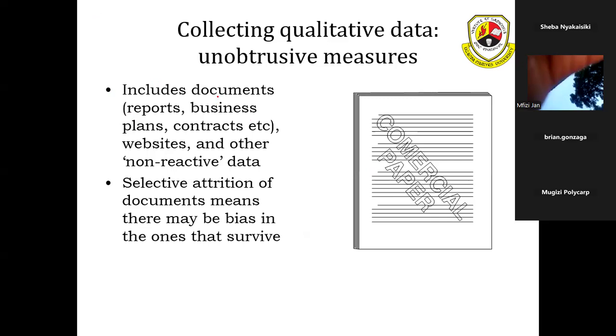Another unobtrusive measure of observation is collecting documents of an organization. That is another way you pick data to see how an organization handles or is bothered about a particular thing. Take an example for Winfred, she can go through documentation to see where there is any sensitivity of her organization on e-waste or green ICT.